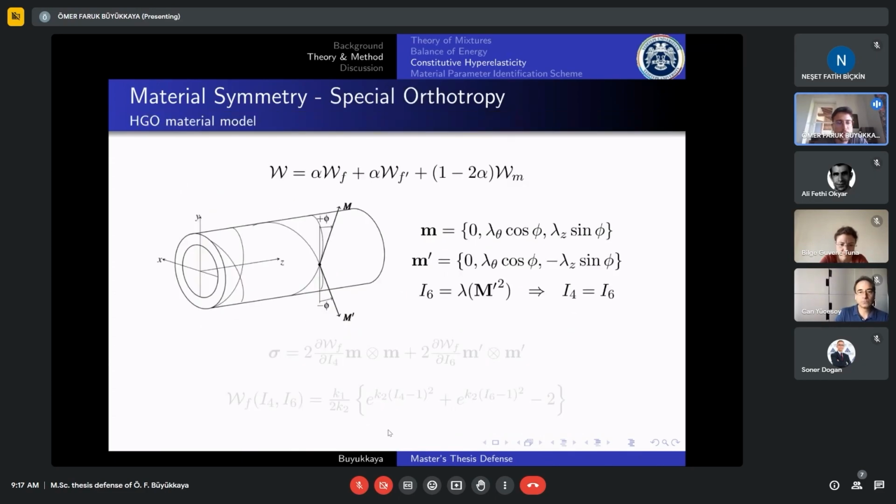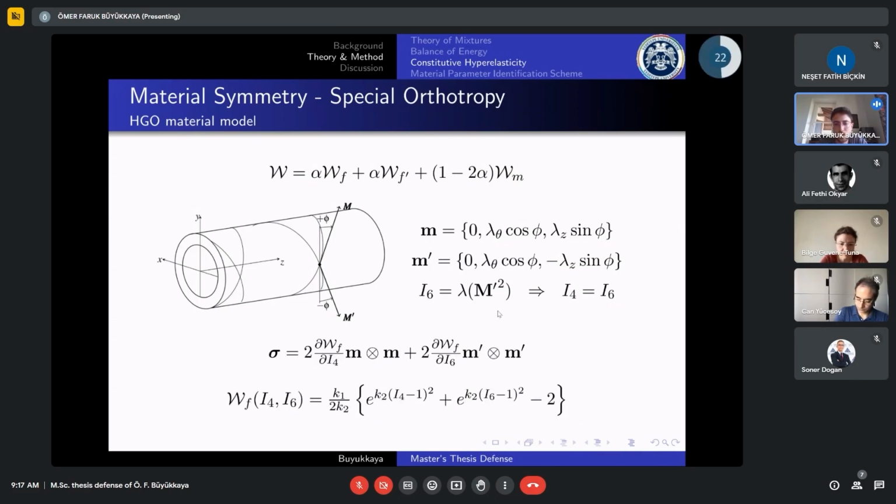For the second family, we follow a similar procedure. The only difference is in the direction, the third component of the direction vector. However, it doesn't matter because the invariant is the square of the stretch ratio.